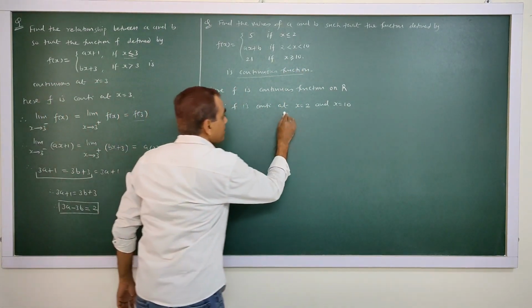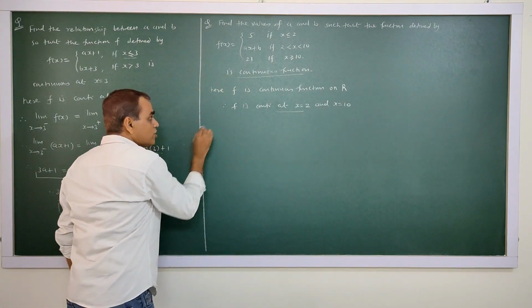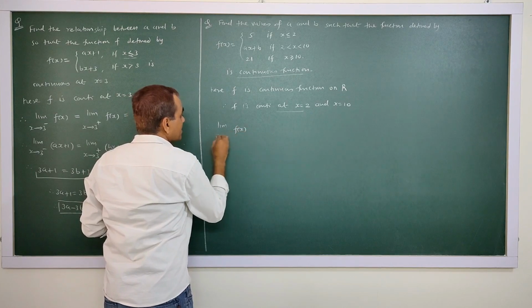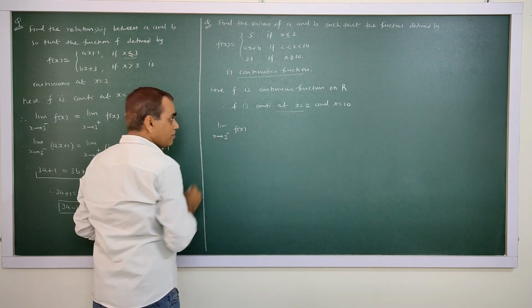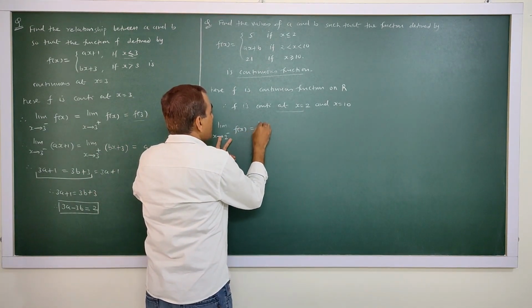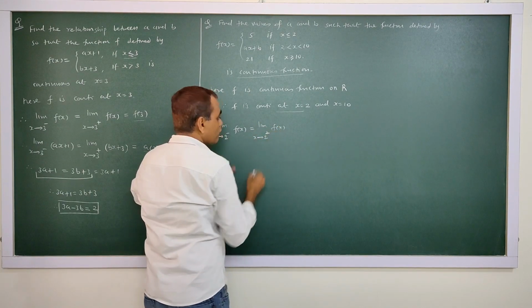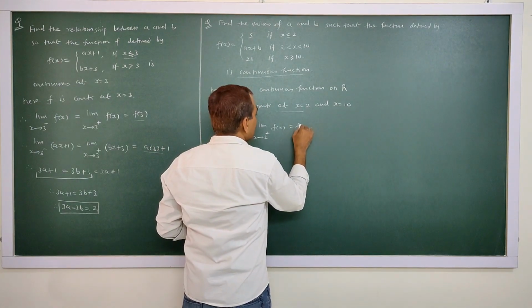Now from this statement, the function is continuous at 2. So by definition, the limit of f(x) as x tends to 2 from the left equals the limit of f(x) as x tends to 2 from the right, equals f(2).